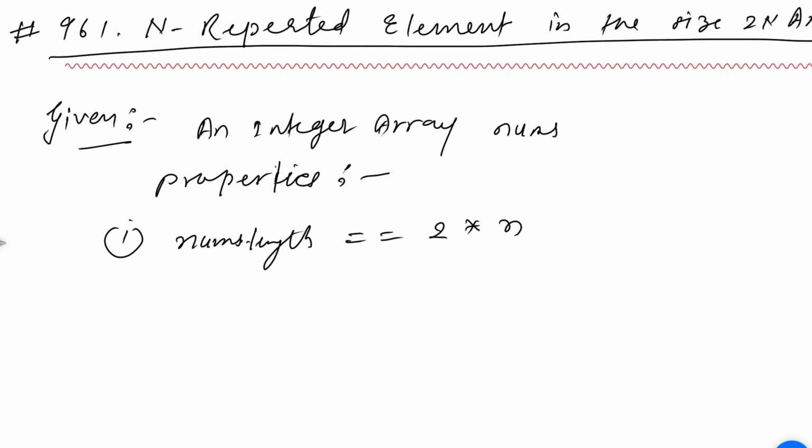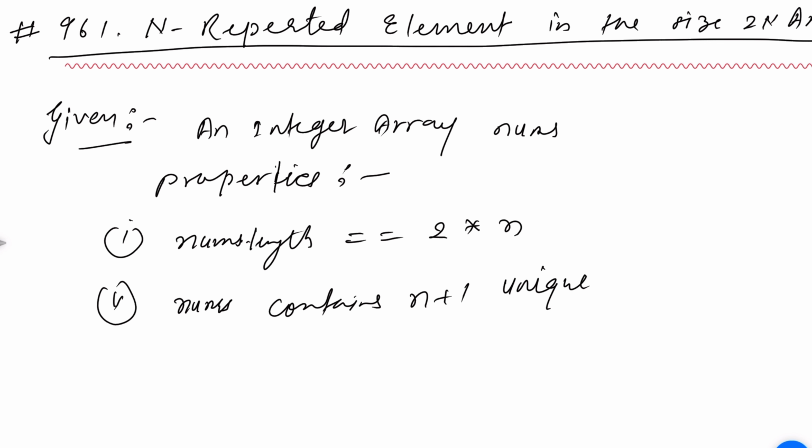Also it is saying that nums contains n plus 1 unique elements. So each contains unique elements also.